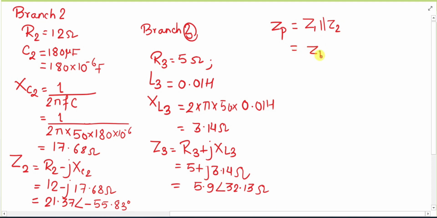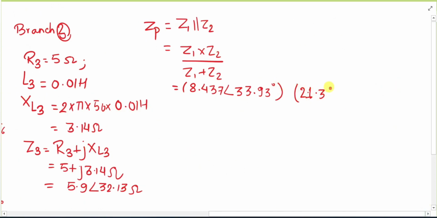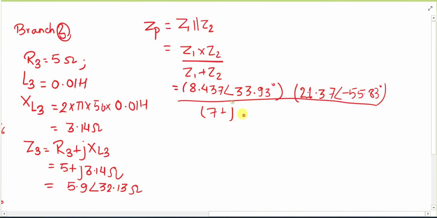Now the formula is Z1 into Z2 divided by Z1 plus Z2. Substitute the values of Z1 and Z2 and calculate directly from the calculator. While substituting, be careful and try to use brackets. Now use the calculator.